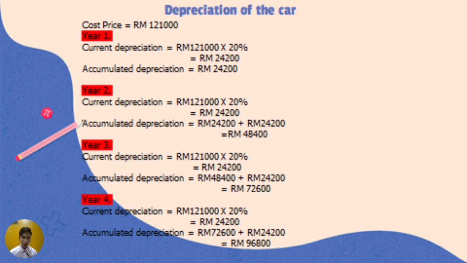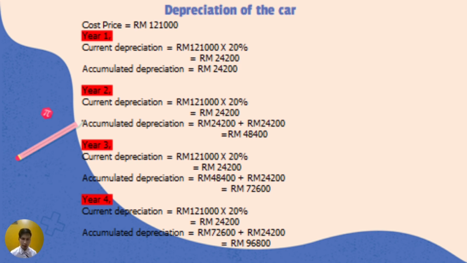For the accumulated depreciation, it is the current depreciation of year 2 plus the accumulated depreciation of year 1. So we get RM 48,400. For year 3, the accumulated depreciation is RM 48,400 plus RM 24,200, which is the current depreciation for year 3.